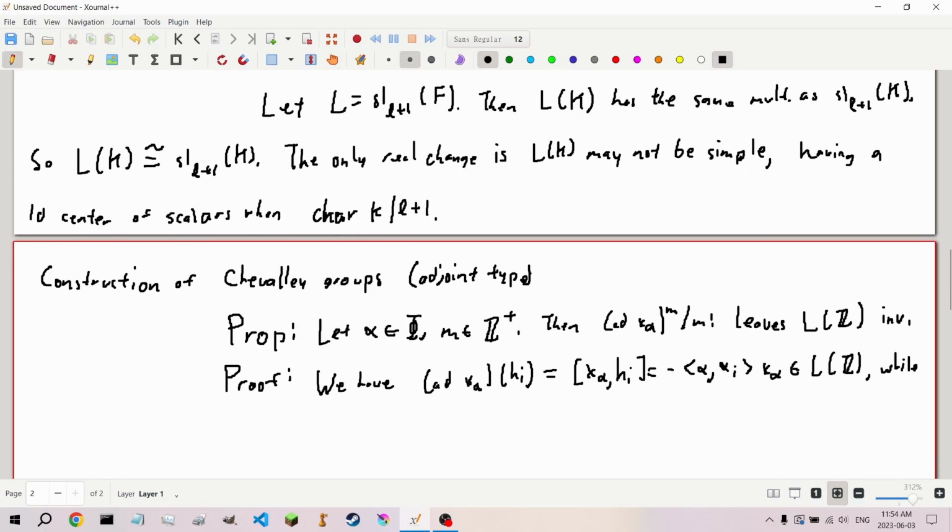While then, of course, higher powers of the x alpha are going to be by recursion acting on x alpha itself. So this is going to vanish for m being at least 2.